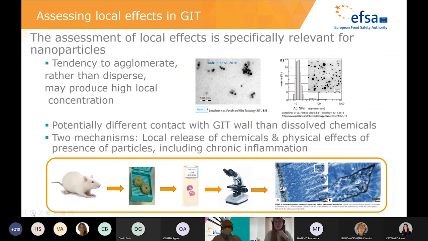Agnes touched very important points about the internal exposure.